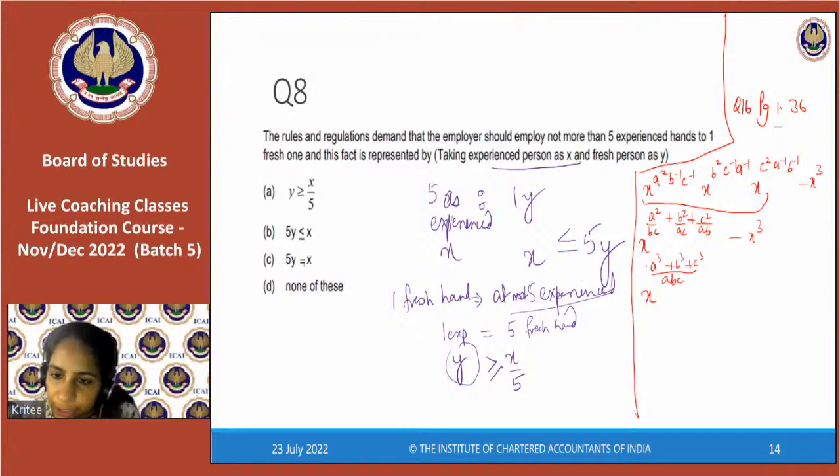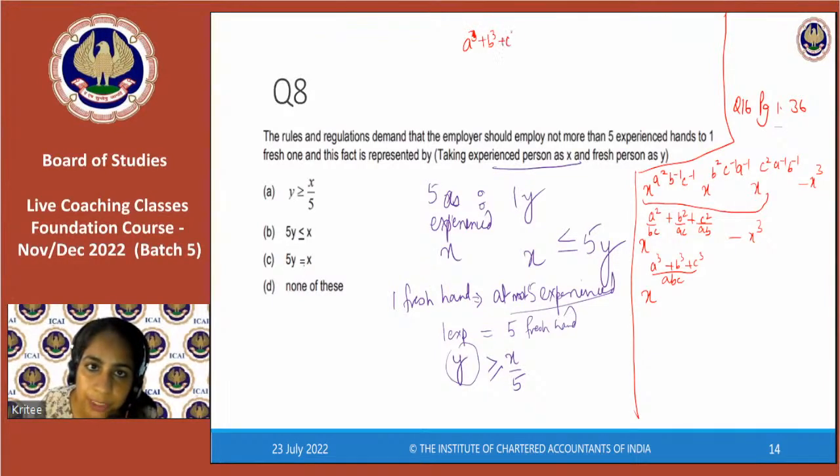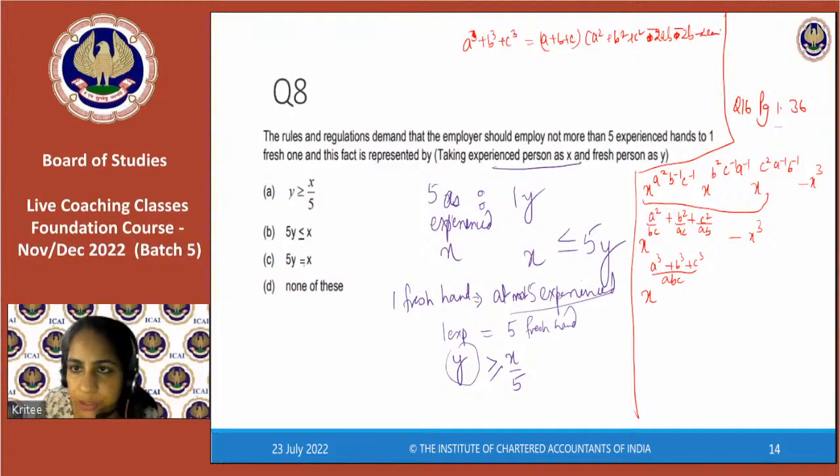So for a cube plus b cube plus c cube, there is a formula. It is equal to a plus b plus c into a square plus b square plus c square plus 2ab plus 2bc, or minus, I think minus it is, minus 2ca plus abc, something like that.